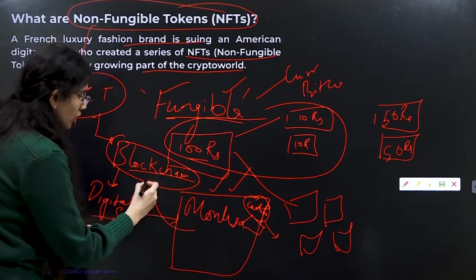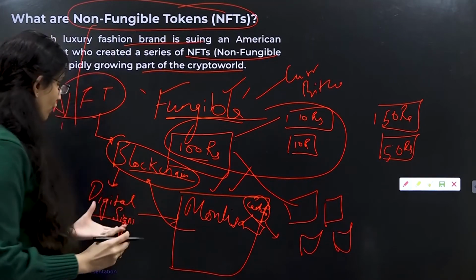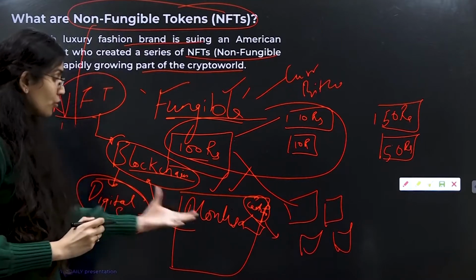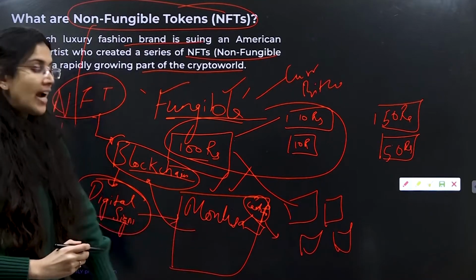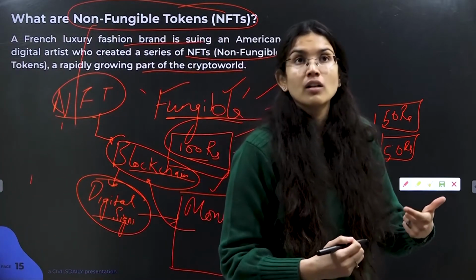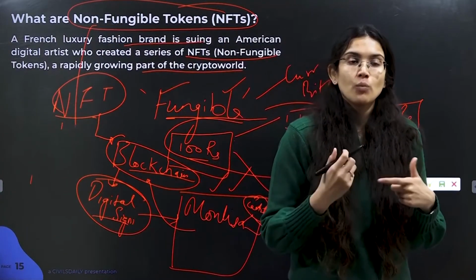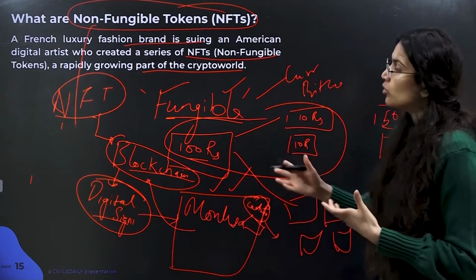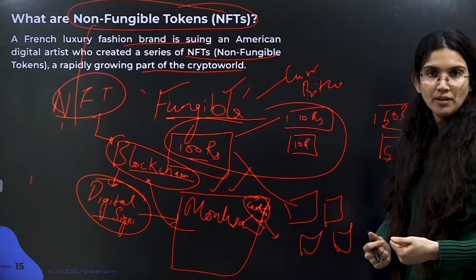So this is all stored on blockchain, which makes sure that this digital signature uniquely identifies it and it cannot be sold on the internet in a manner which is not adhering to the rules of blockchain, right?